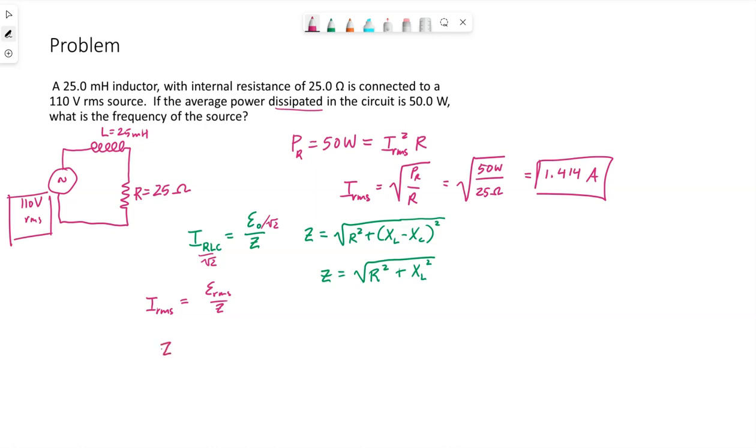So we can find Z. The frequency they're asking us about is going to be within the XL. We know XL is omega times L, which is 2 pi F times L. So if we find Z here, then we can work back and use this equation for Z. So we're just kind of working backwards.